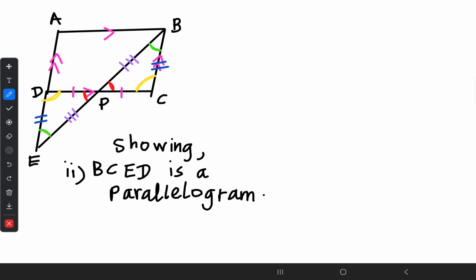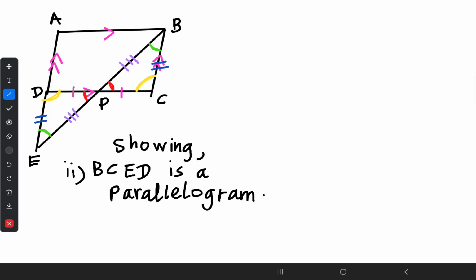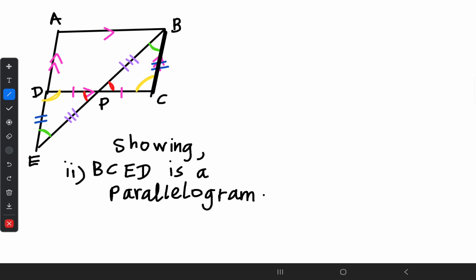Now I will show that BCED is a parallelogram. That's our question. BCED means BC here. This is BCED.